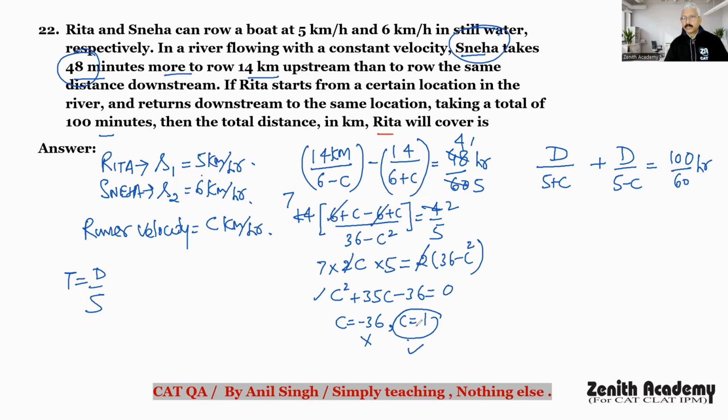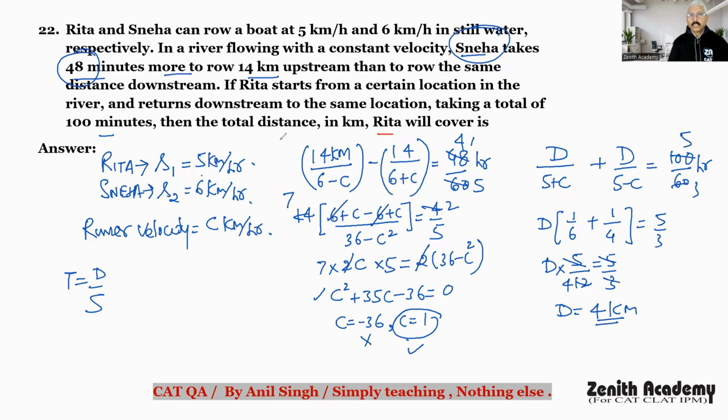So here the value of C is 1. So this is 1 upon 6 and this is 1 upon 4. This gives 5 by 3, and 5 by 12 times d equals 5 by 3. The 5 cancels, and it is 4. So d is 4 kilometers.